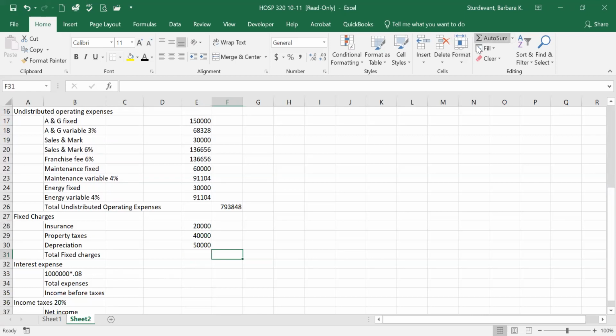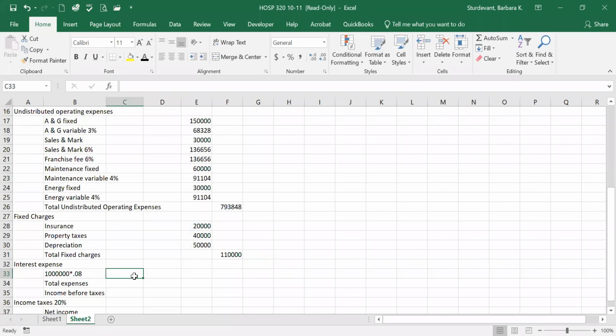And those are our total fixed charges. And then we had to calculate our interest. They told us the average debt was $1 million, average percent, 8%. And again, we're doing this for 1 year.